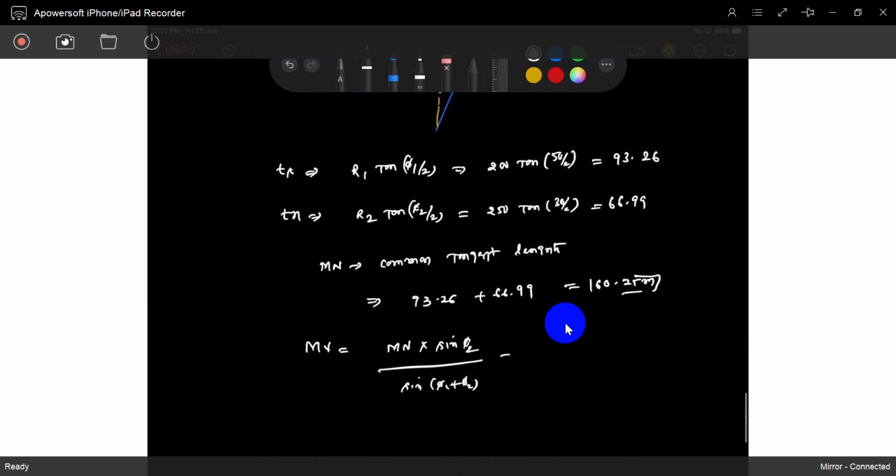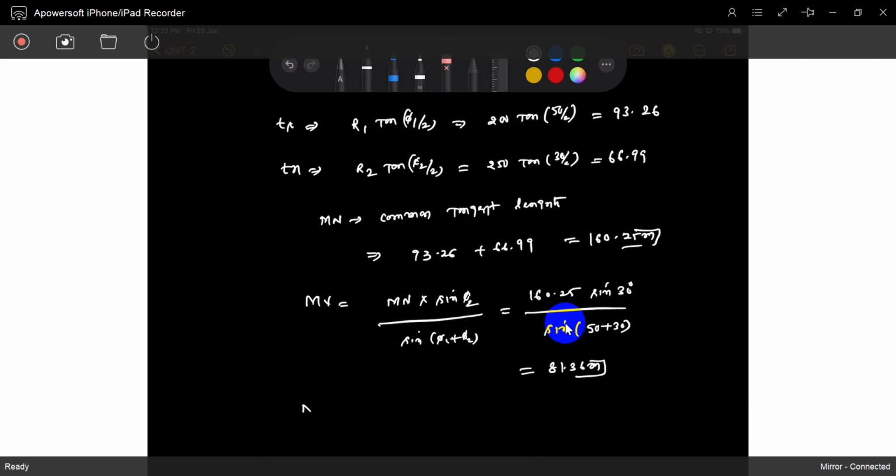So 160.25 sin 30 divided by sin 50 plus 30, that is sin 30 divided by sin 80, multiplied by 160.25. That is 81.36 meters.